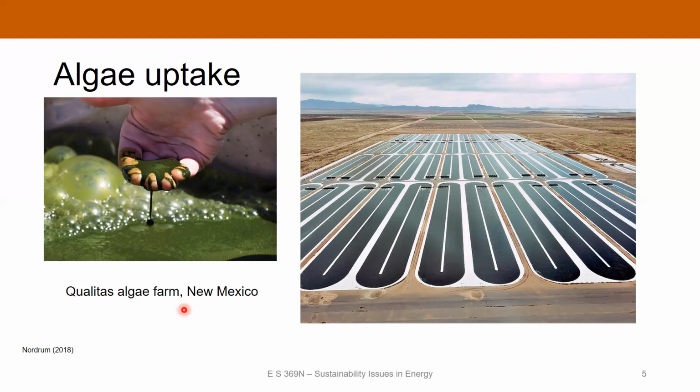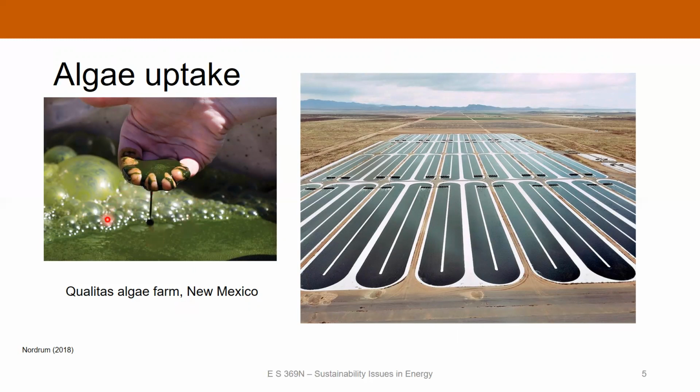The other one is in Imperial, Texas, which is way out in West Texas. They've generally been using them to make omega-3 fatty acid supplements, but they're now looking at getting into the meat substitute business using some of the amino acids that are generated by the algae. So there's a lot you can do with these things.